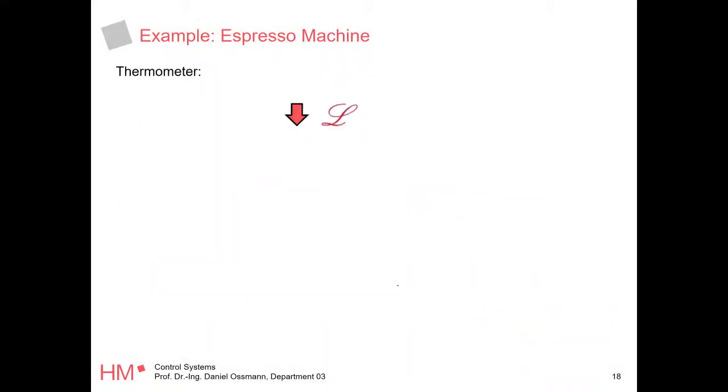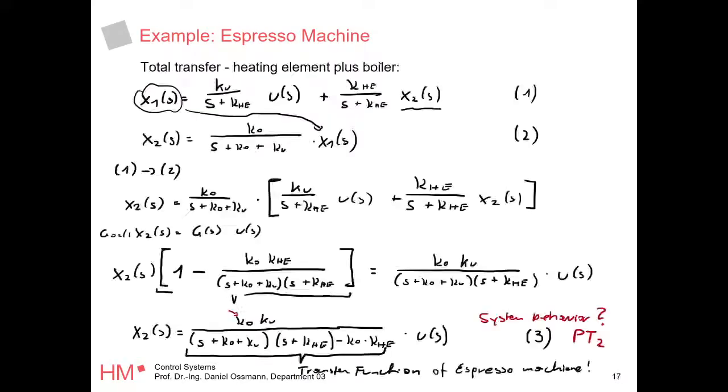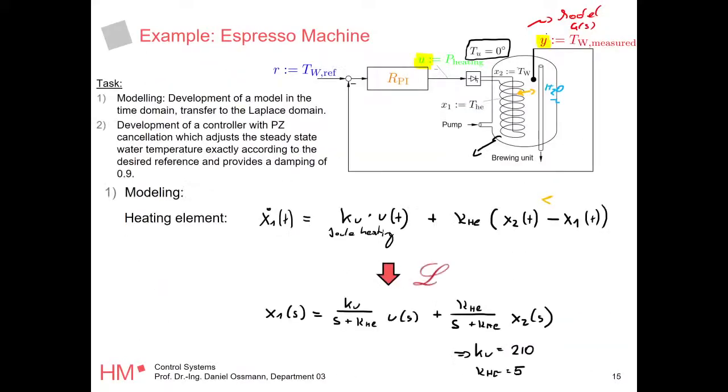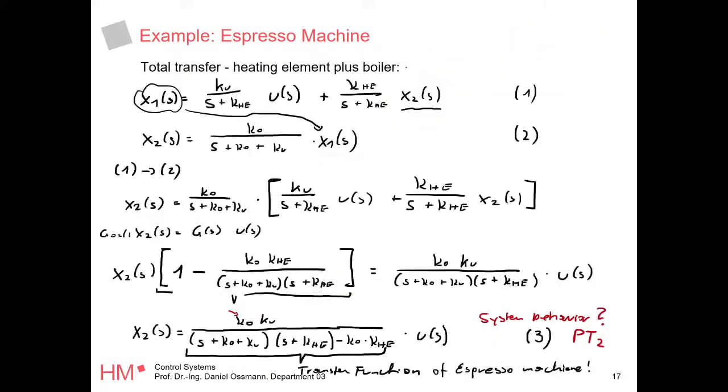The thermometer is a classical PT1 system. And it looks like this. We have a time constant times y dot of t plus y of t. And now we are actually introducing y of t, the output. Remember, if you go back, this y of t, the measured water temperature, is our output of the system.